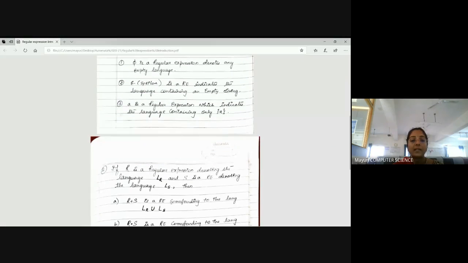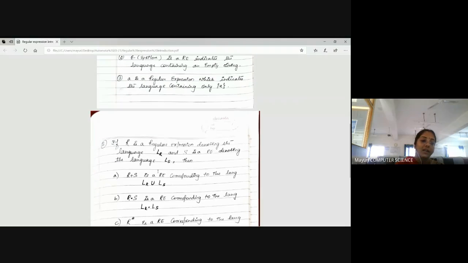So right now we have seen null language, empty string, and one length alphabets as regular expressions. Not only this, when I'm performing union, concatenation, and closure operations over two different languages, the resultant language also possesses a regular expression.